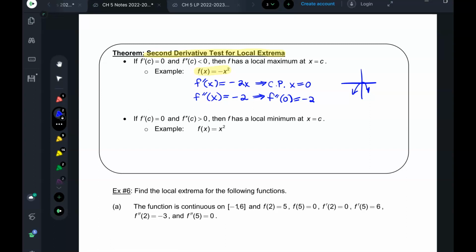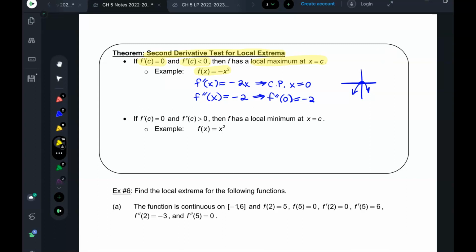At 0, it's a critical point, so we know it has to be a maximum or a minimum, and it's concave down, so it has to look like that. So basically, if you have a critical point and the second derivative is less than 0, you have a local maximum there. It's kind of just working backwards.